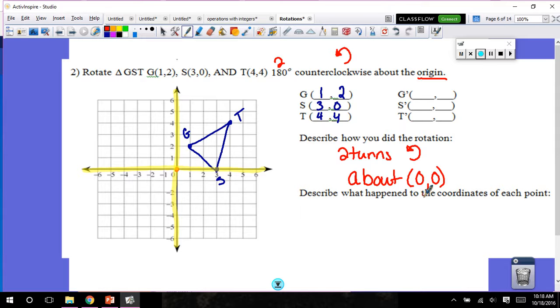Make sure you get your letters written down. They must be on your paper, and they should be on your patty paper so you know where they're at. Okay, so once you get it on your patty paper, then go 2 turns to the left, counterclockwise, and get it written on your paper.